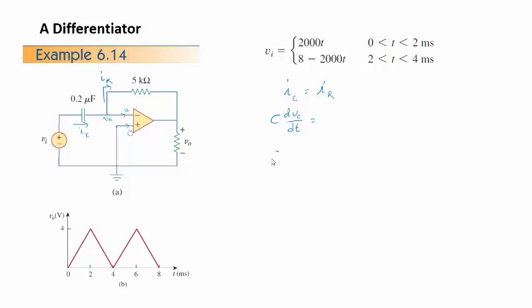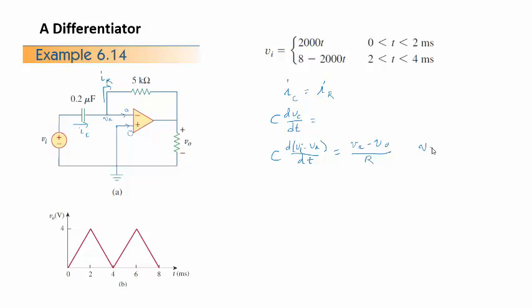I could actually explicitly write that: C d(Vn minus Va)/dt equals, and I in the R is going to be (Va minus V out) over R.